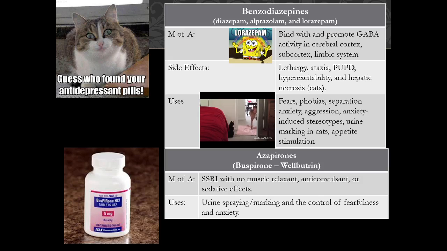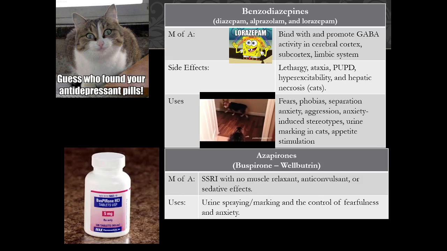Azapirones, or buspirone, the mechanism of action is it's a serotonin reuptake inhibitor. So it does not allow serotonin to be taken back up and put back. So it keeps the serotonin in place, keeps the neurotransmitter in place, and increases and prolongs its effects.